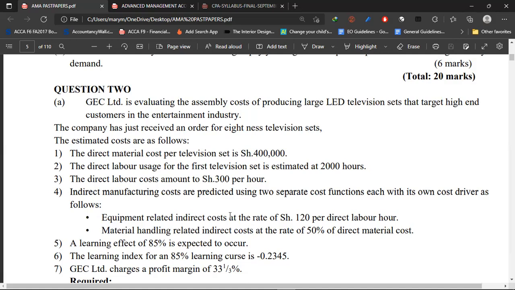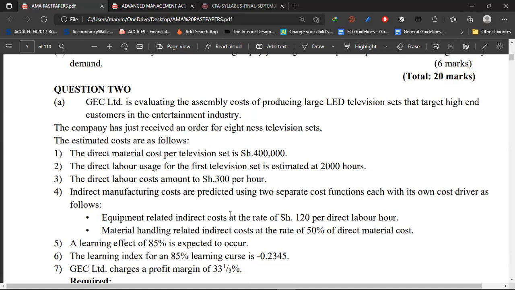Indirect manufacturing costs are predicted using 2 separate cost functions, each with its own cost driver as follows. Equipment-related indirect costs at the rate of shillings 120 per direct labor hour. Material handling related indirect cost at the rate of 50% of direct material costs.